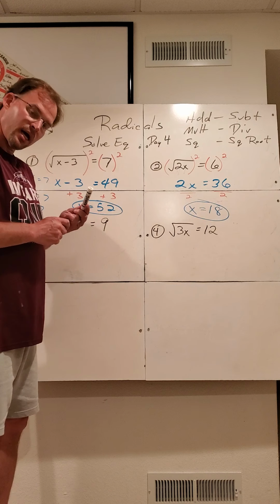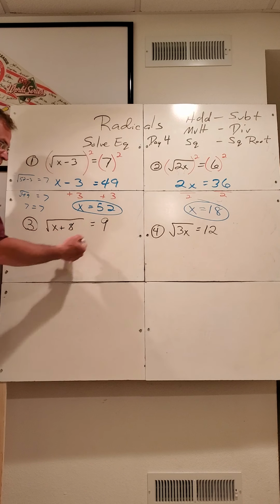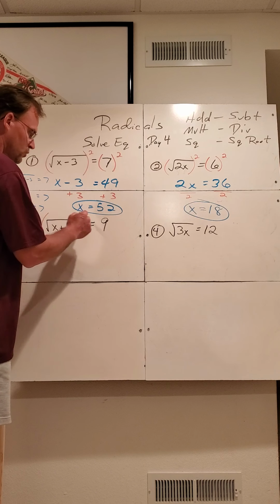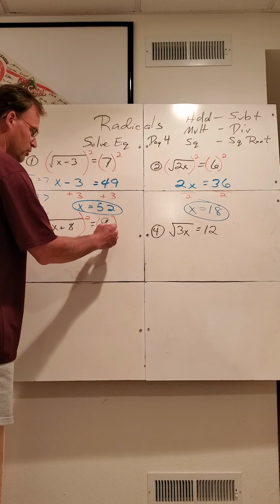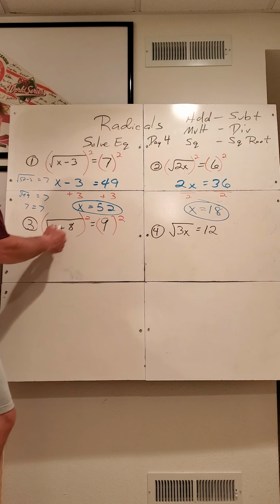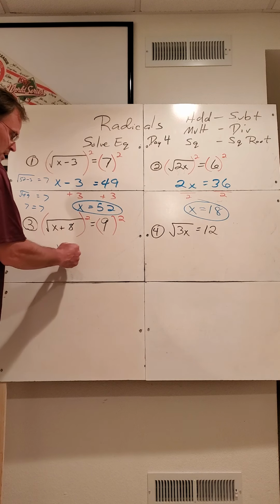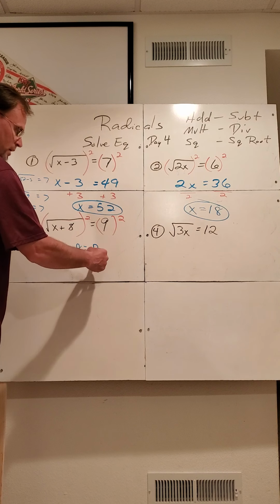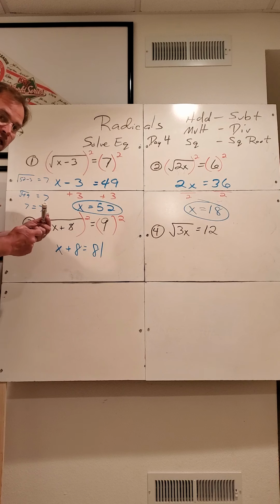Number 3. Again, the square root is the entire part. So I need to do the opposite of square root, which is squared. Square both sides of the equation. These are inverses. I have just plain x minus 8 left. 9 squared, 81.